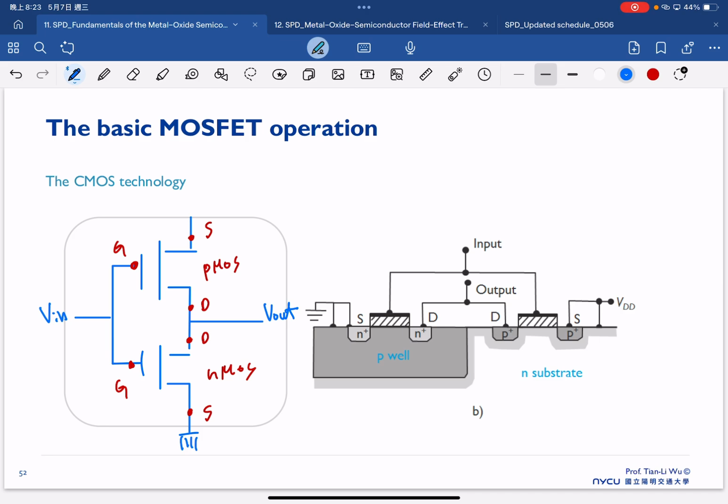The operation of the inverter is basically like this.